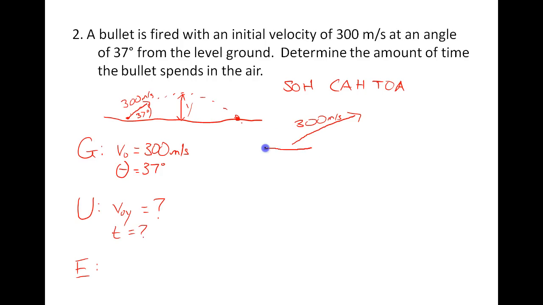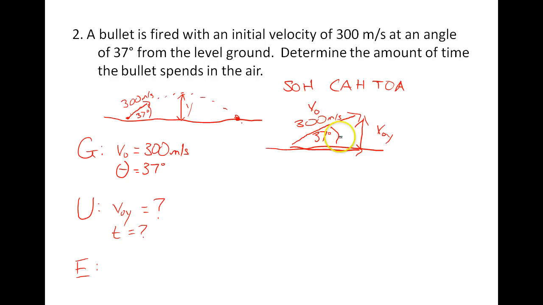So let's do the ground level here, and we've got 37 degrees for the angle that it's being launched at. So this is going to be broken out into two components, a horizontal component and a vertical component. Right now we don't care about the horizontal, we only care about the vertical component of the velocity. So here's our initial velocity, and we want to know what the vertical component of that is.